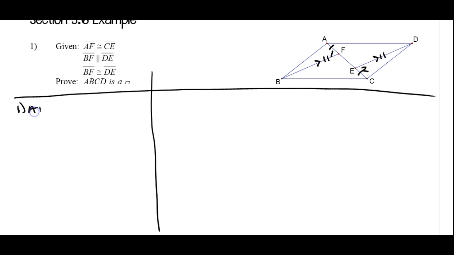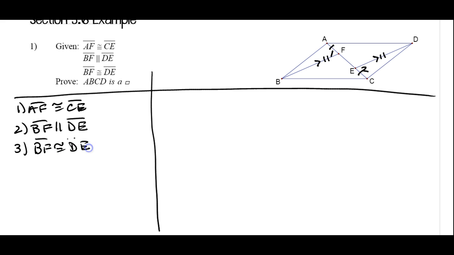So I've got AF is congruent to CE, and I've got BF parallel to DE, and I've also got that BF is congruent to DE. These are all given. Given, given, and given. Alright, and then again, since BF and DE are parallel and we've got AC as a transversal, I know that angle 1 is congruent to angle 2.